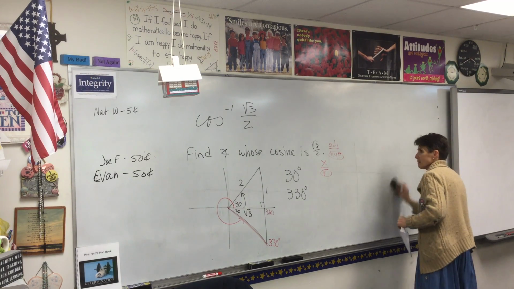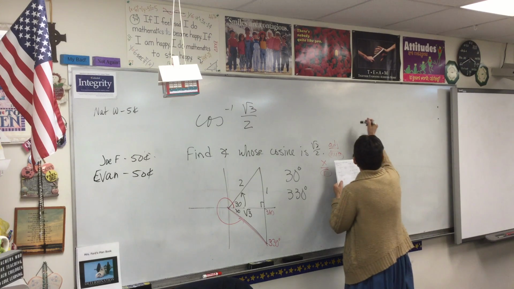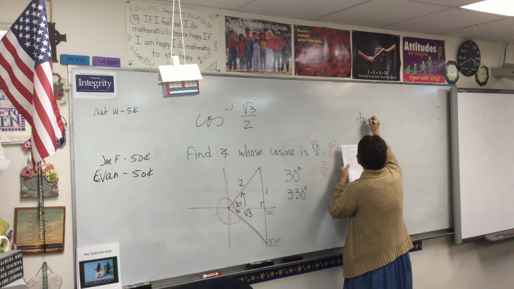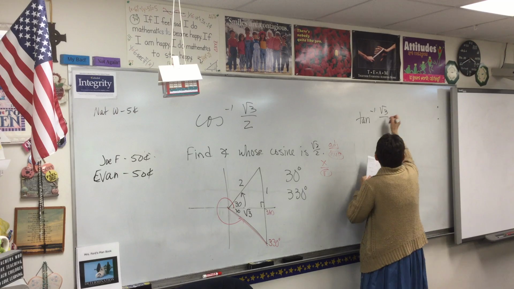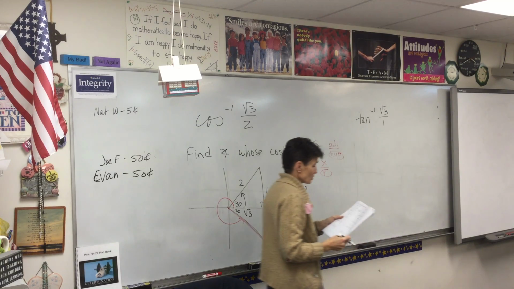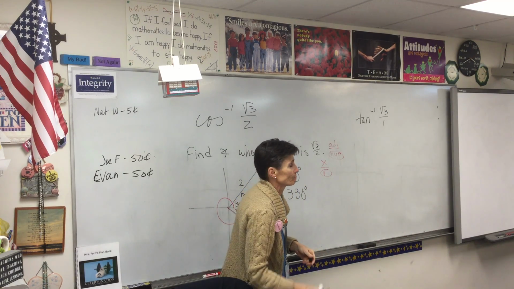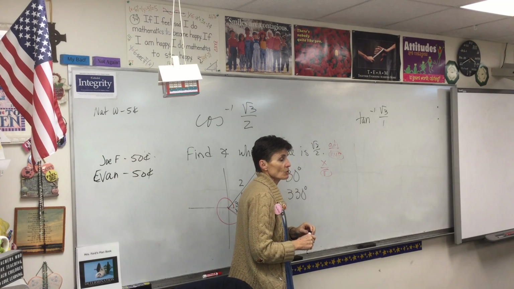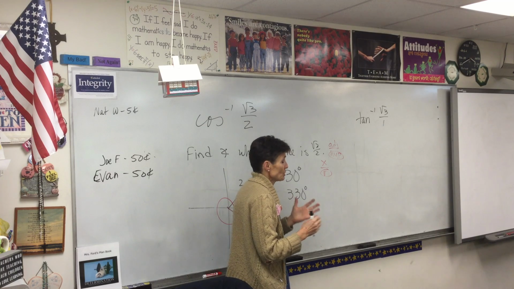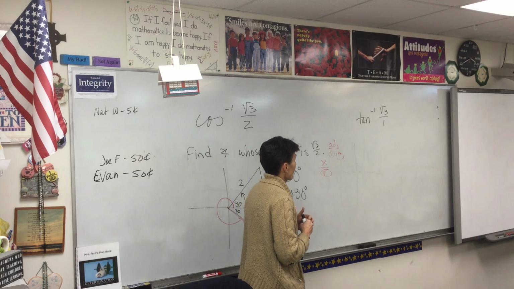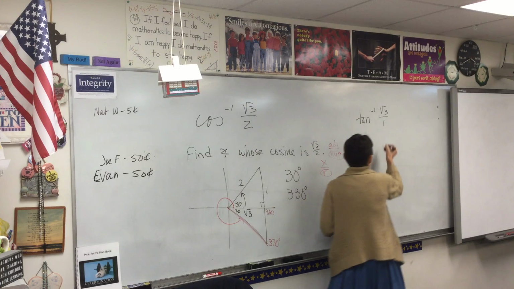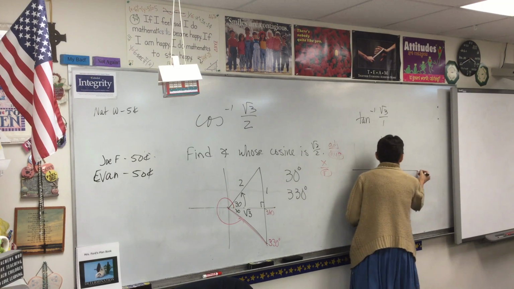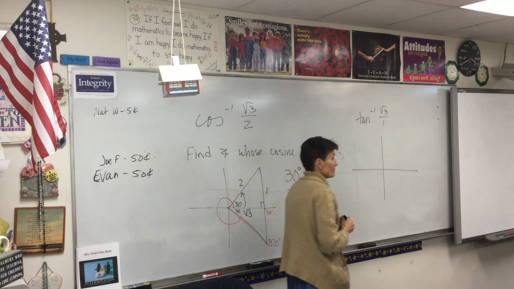Next, now we had something similar to this a few days ago. I would think of that as √3/1 because all my trig ratios are ratios, they're fractions. All right, here we go. That's a positive number, isn't it?